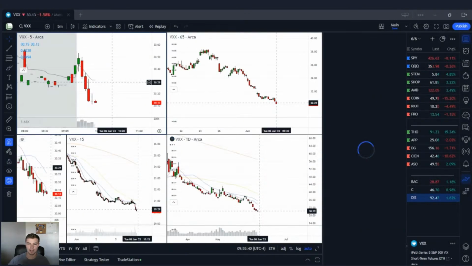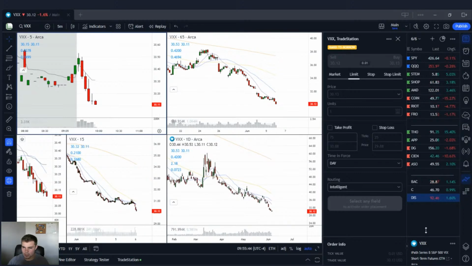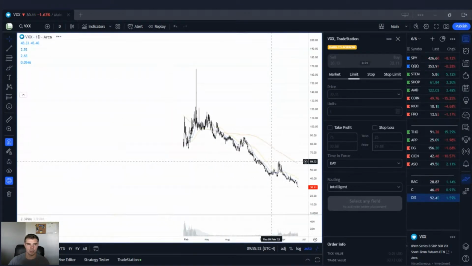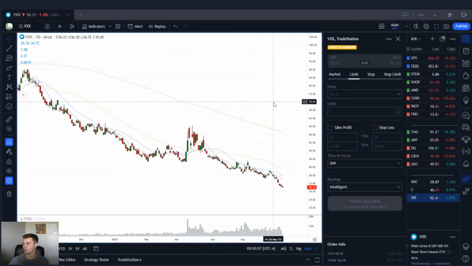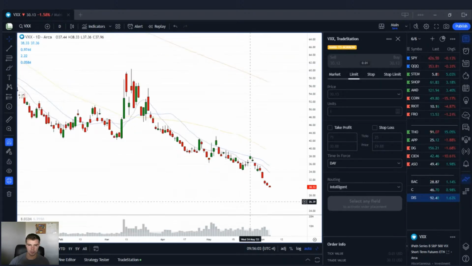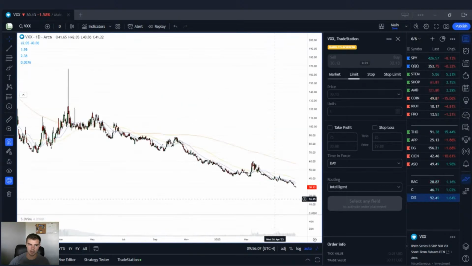Okay, VXX, is this some sort of ETF? So it's the S&P 500 VIX short-term ETF. I mean, this is a decaying ETF, so I hope you're not going too long on it. Okay, you're going short. Okay, that's good. Short 30 by 32, 20 down to 27. I think you could do that. You're pretty extended down.